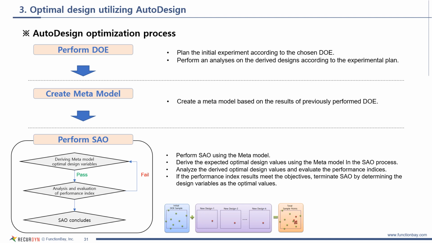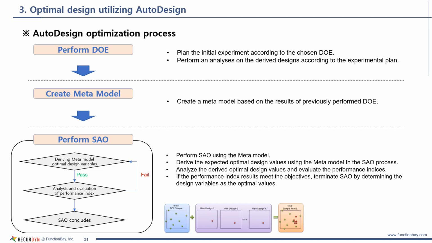The created meta model is then used for SAO, surrogate assisted optimization. SAO involves the iterative analysis using the meta model to find the optimal values. In the SAO phase, the meta model is used to derive the optimal design values.